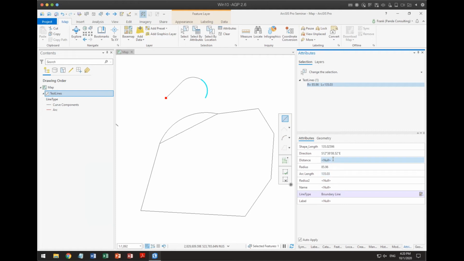It doesn't record the distance because this is not a complex feature anymore. The distance is no longer the distance field, which used to be the chord distance. That's not recorded anymore on a curve. The only thing that's recorded is the arc length and the orientation of it and the radius.